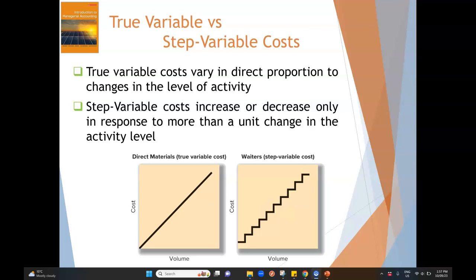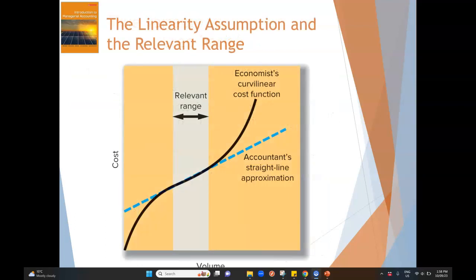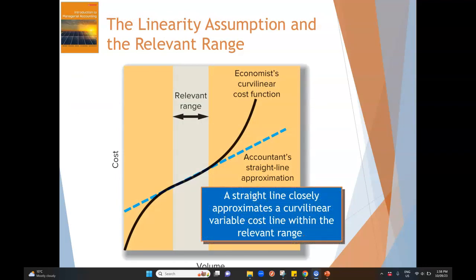Waiters are a step variable cost. The linearity assumption and the relevant range: a straight line closely approximates a curvy linear variable cost line within the relevant range.